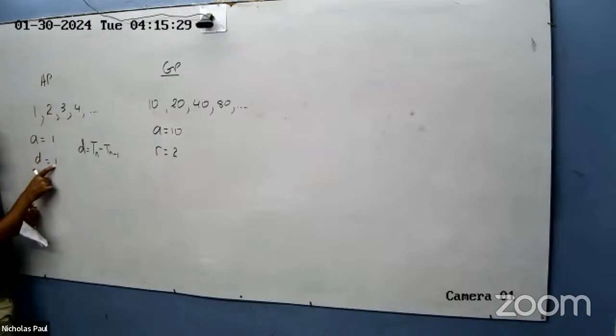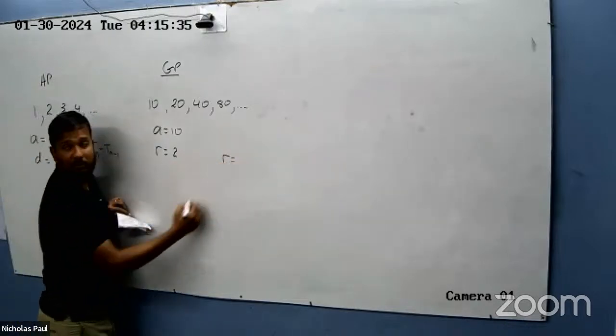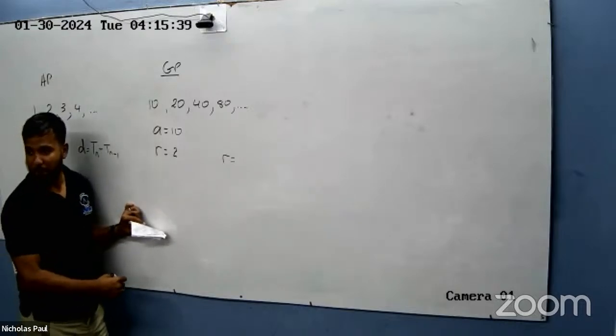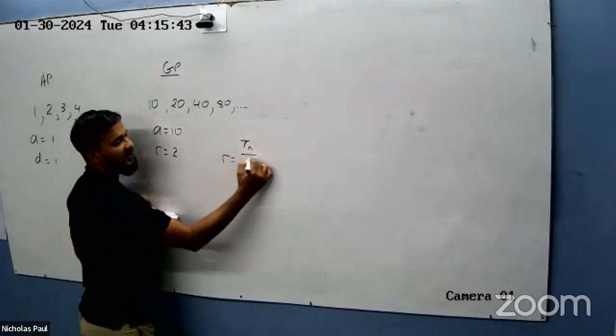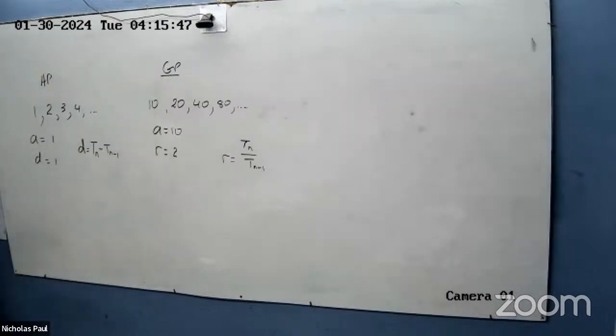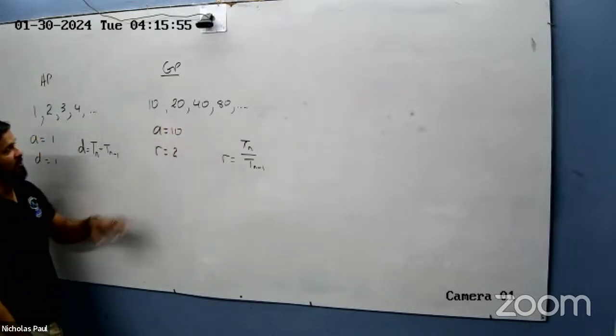If you end up with the same value, then it's an AP. What about here? You have to find R. How do you get R? Divide consecutive terms. The second term is divided by the term before it. Okay? Dylan? So you need to remember this about our GP.